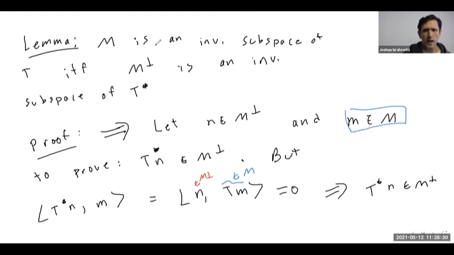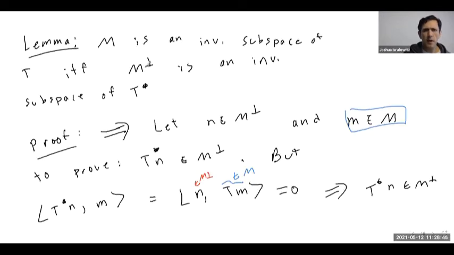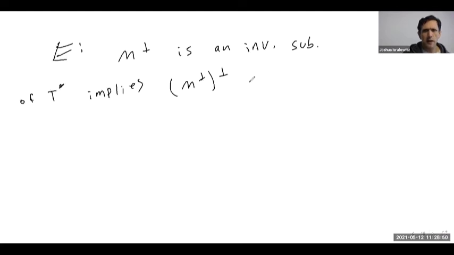So we showed that M is an invariant subspace of T implies that M perp is an invariant subspace of T star. So M perp is an invariant subspace of T star implies that M perp perp is an invariant subspace of T star star, and that takes care of it, because what is T star star?